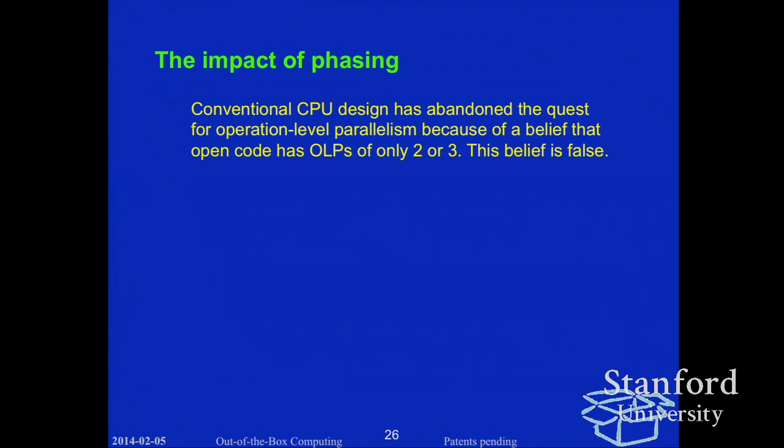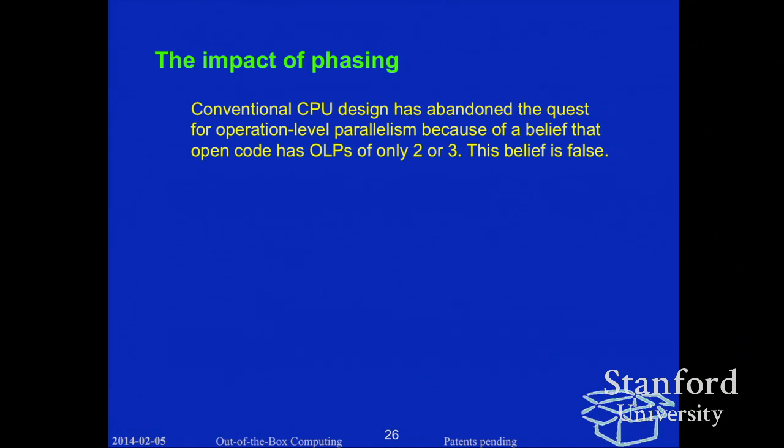But over time, for general purpose code, and we're not talking embedded, we're not talking the kinds of things that a GPU does, but for general purpose code, the consensus is that the operation level parallelism, that is the number of operations which do not have dependencies and in principle could be executed together, is in the order of 2 or 3 on the average.